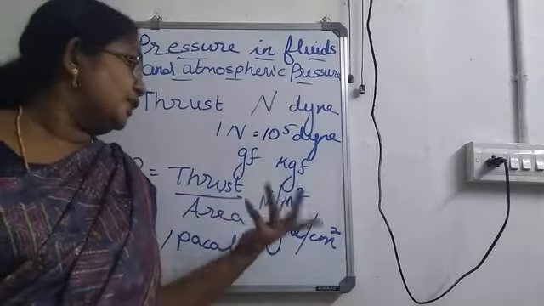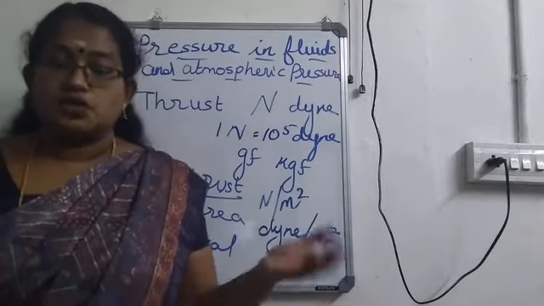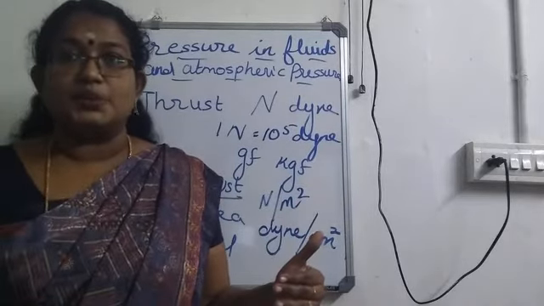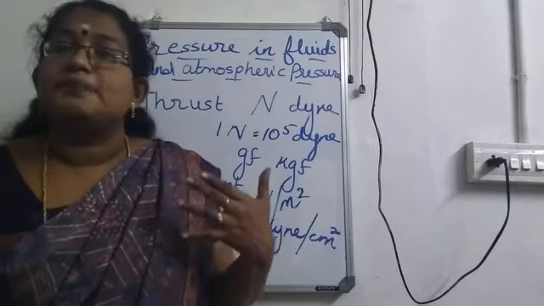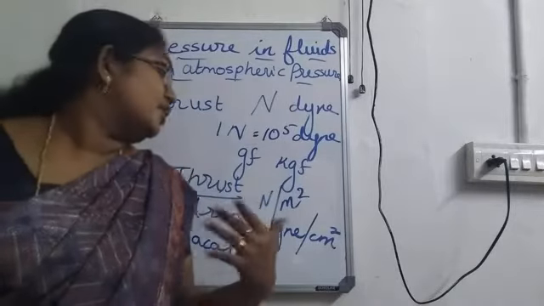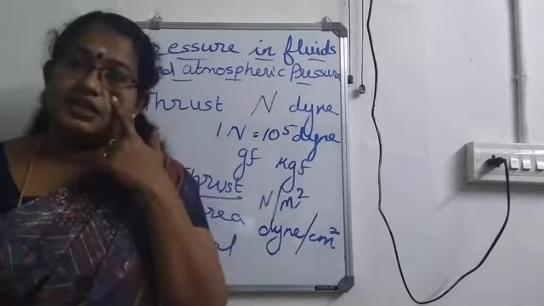If the force acting is 1 Newton and the area of the surface is 1 meter square, then the pressure produced is equal to 1 Pascal. This is how we define the unit.